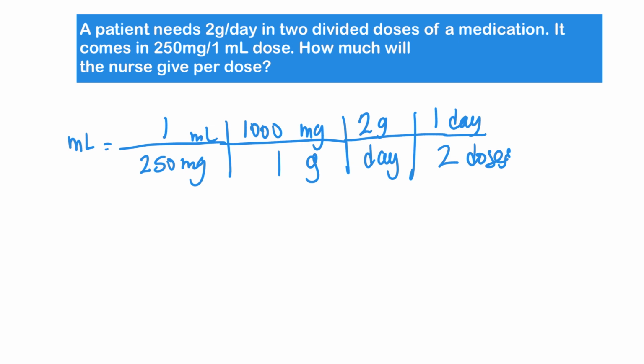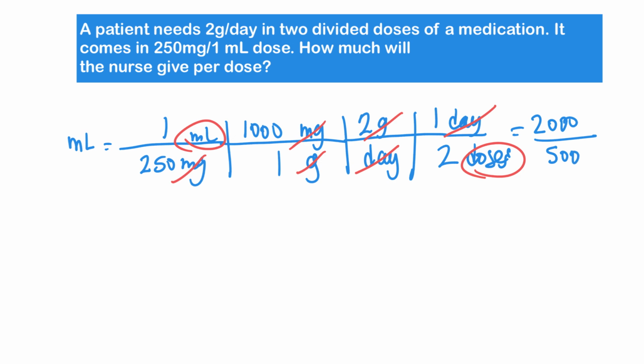All right, so let's check things off and make sure we're on the right track. So day, grams, grams, milligrams, milligrams. I'm left with mLs per dose, which is what I'm looking for. So here we have 2,000 multiplied across the top, multiply across the bottom would be 250 times 2, 500. There we go, 500. 2,000 divided by 500 is 4 milliliters per dose.